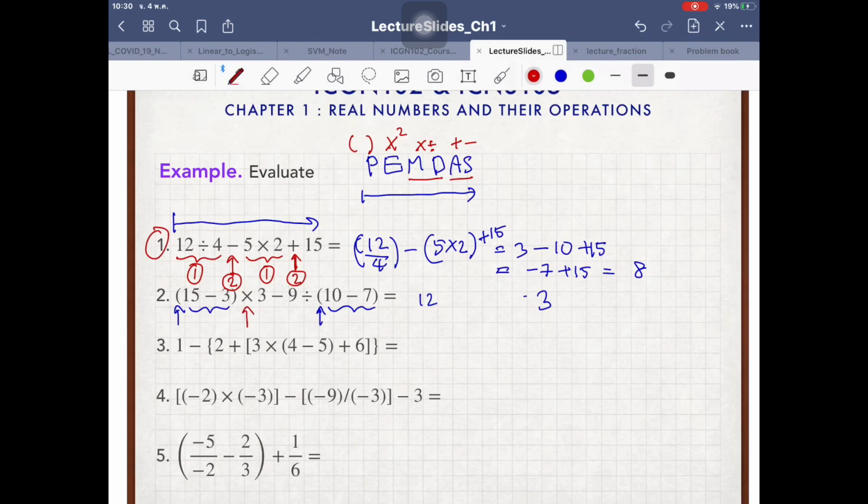And here it is. You multiply by 3, and then you have 9 divided by 10 minus 7. So the next step, you need to take 12 times 3, and then 9 divided by 3.